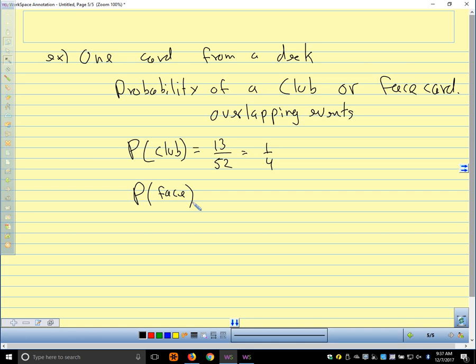We have king, queen, jack in each suit. We have 4 suits, so we get 12 over 52. We could reduce that if we want, but we're going to add with common denominators. What's the probability of a club and a face? How many of the face cards are clubs? 3, right? We have a king of clubs, queen of clubs, jack of clubs.